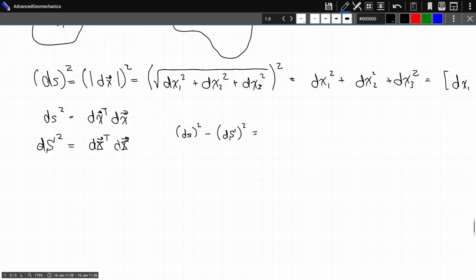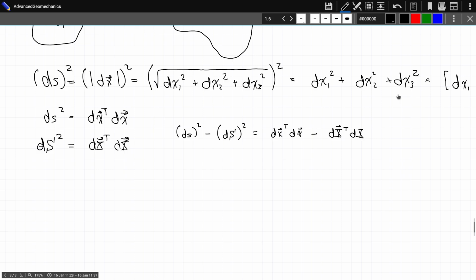And so then I'm just going to make these substitutions. So d little x transpose d little x minus d big X transpose dX.